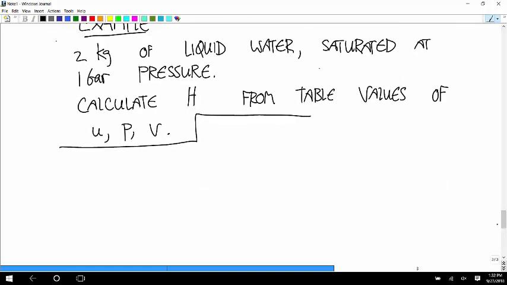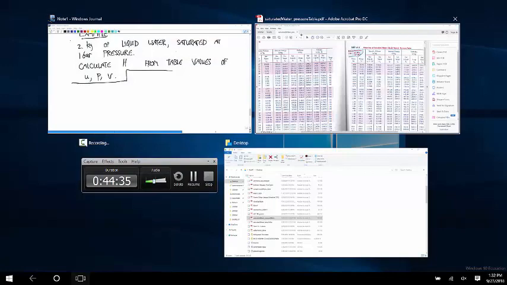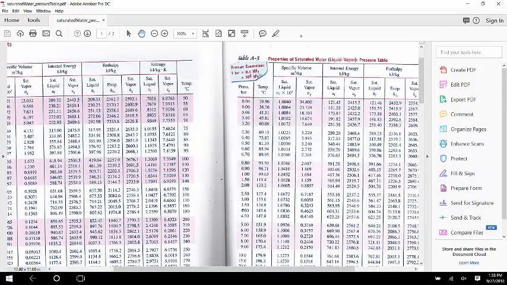Okay, so we want to deal with the saturated water table, and we want it indexed by pressure because that's the independent variable we're given. So 1 bar of pressure, that's right here on the table. And now we can just go across and read off these different values. We're talking about liquid water.